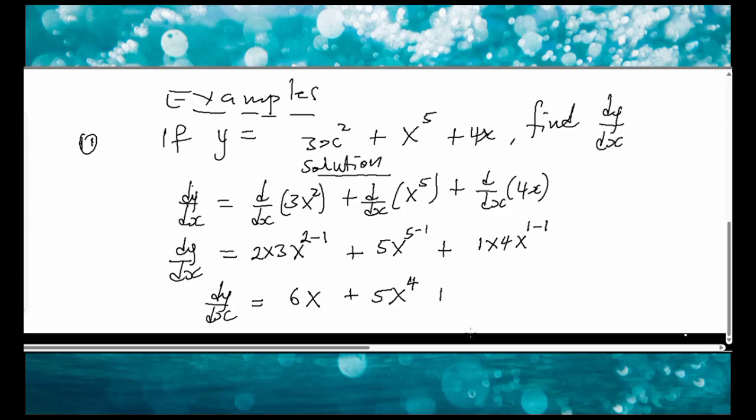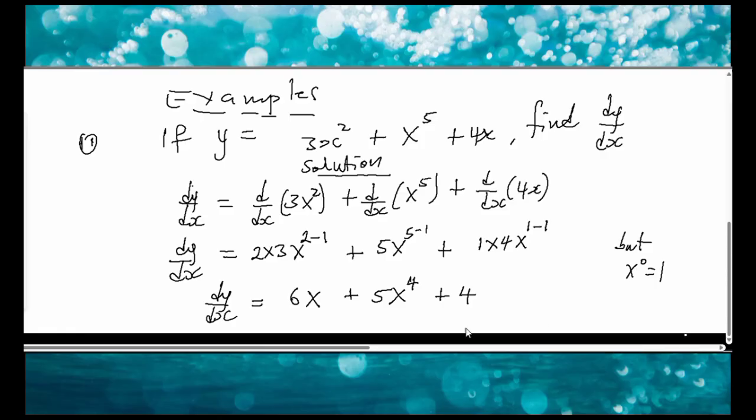Then plus 1 times 4 is going to give us 4. Then x raised to the power 1 minus 1 is 0. But x raised to the power 0 is equal to 1. And when you multiply the 1 by 4, you're going to get 4. So simply, that is how we can find the first derivative of y is equal to 3x squared plus x raised to the power 5 plus 4x.